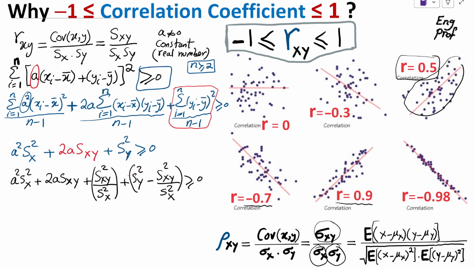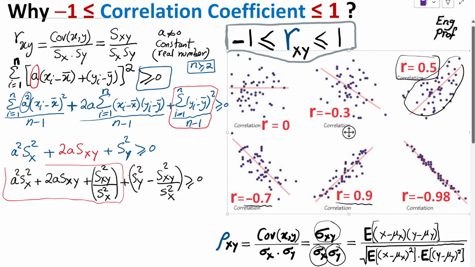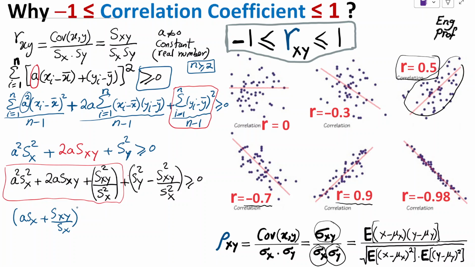There you go. Okay, what is this term here? This term is a very interesting term, actually. It's the expanded version of this: a times s_x plus s_xy divided by s_x, to the power 2, plus s_y squared minus s_xy squared divided by s_x squared, to the whole thing greater than or equal to 0.